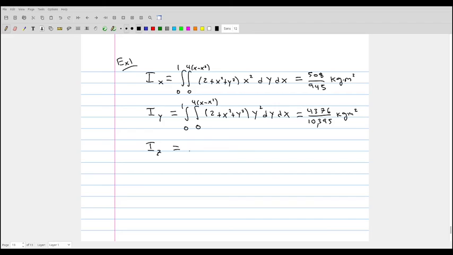And the moment of inertia about the z-axis is the same double integral over this region, but of the function 2 plus x squared plus y squared times x squared plus y squared, which has a value of 9,964 over 10,395.